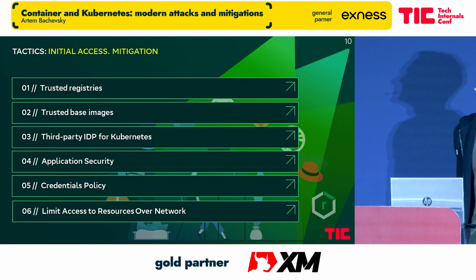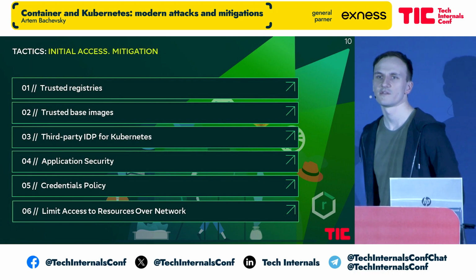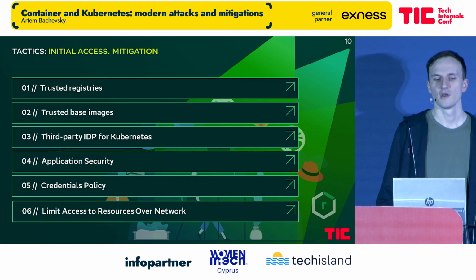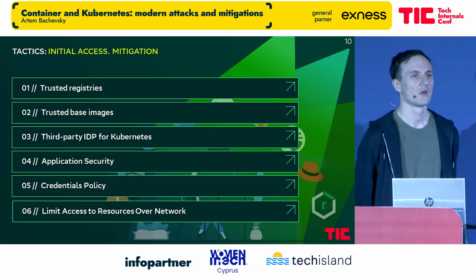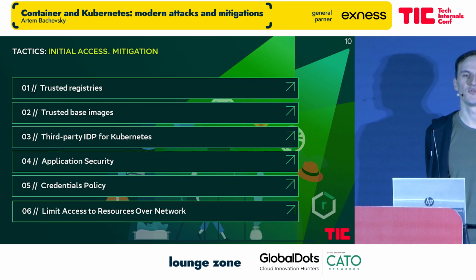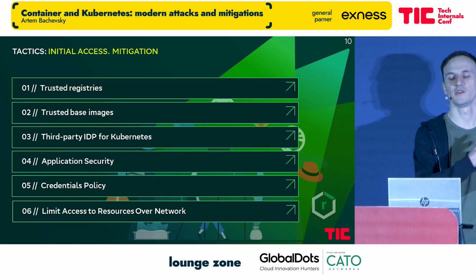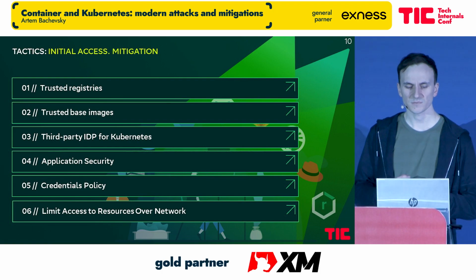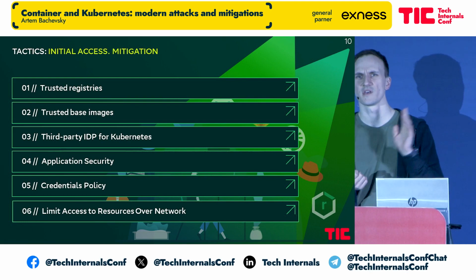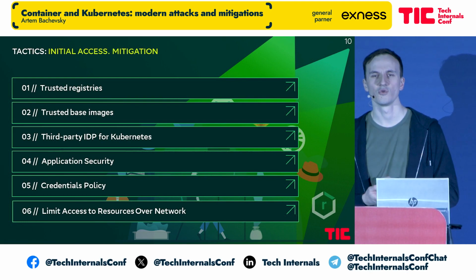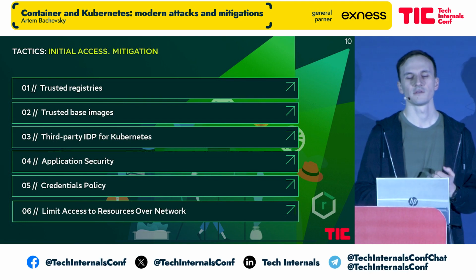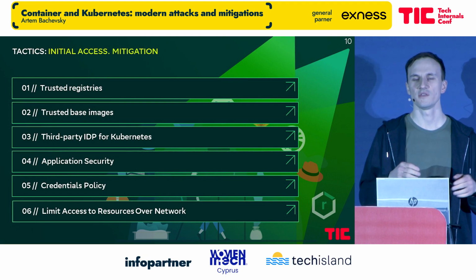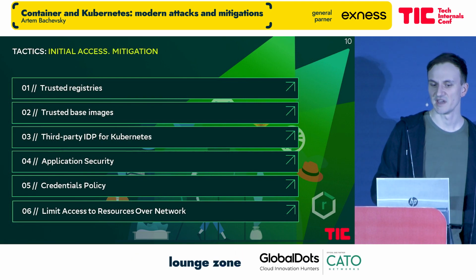OK, application security. It's the golden thread, I think, of this whole talk. It goes through every tactic, because a lot of application security practices help with the threats that we see here. At this point, practices like SAST, pentest, DAST will help you find vulnerabilities in your applications and mitigate them.